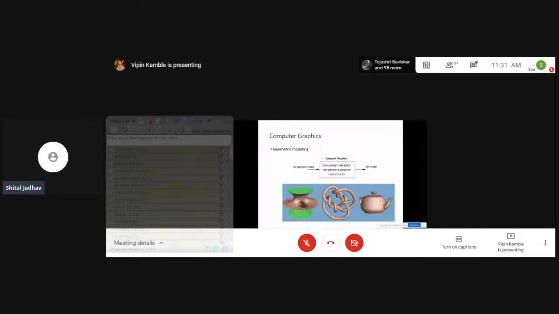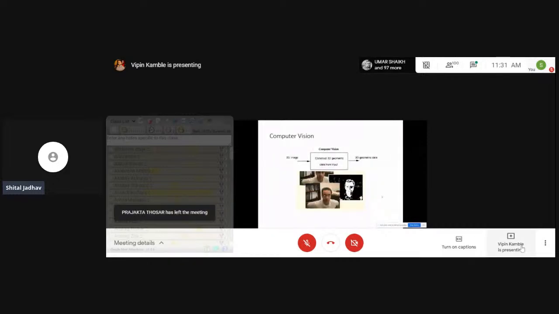This connects 3D geometry data to two-dimensional data, basically the rendering of a 3D image.